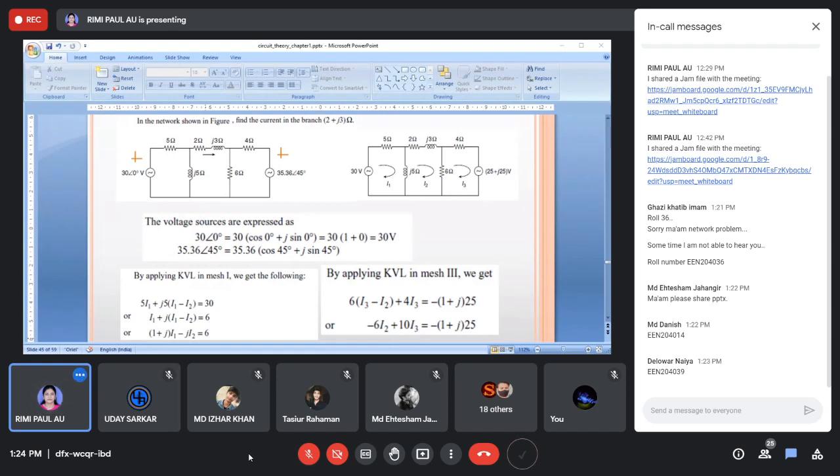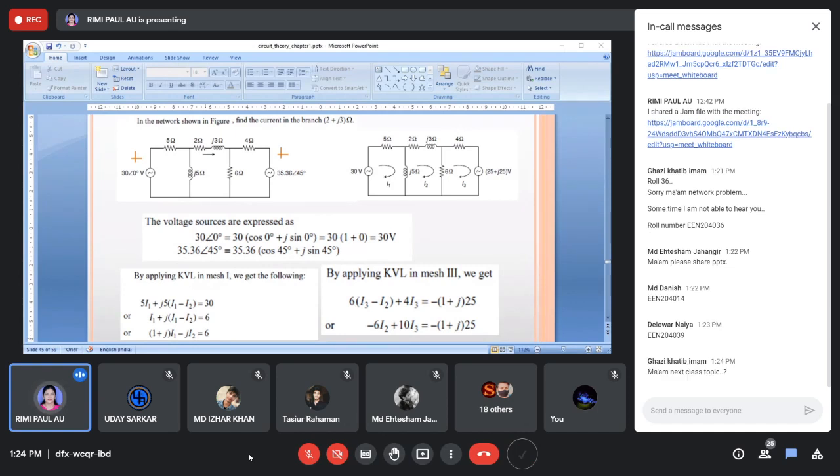That's why you should know how to write the equations and solve the basics, because this is a simple equation. Later, when dependent sources are connected, it will be difficult to solve. Next day we'll solve this type of problem again and start the superposition theorem.